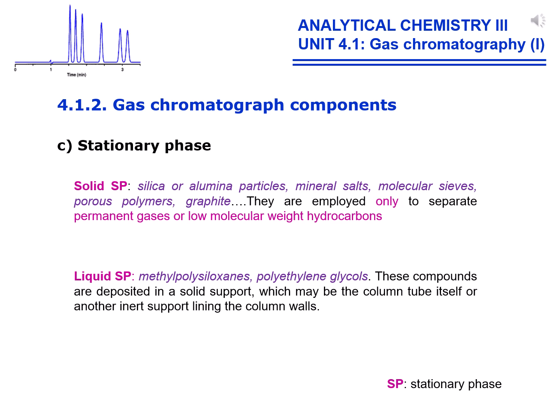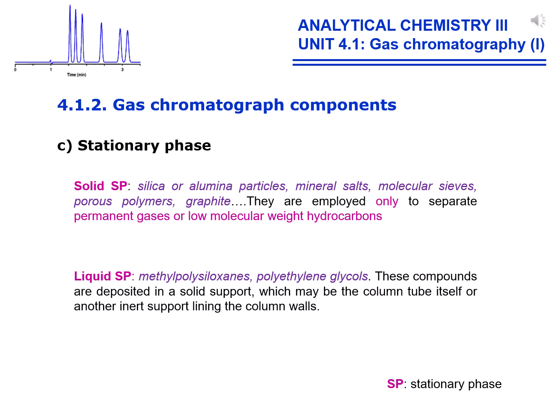In the introduction of this unit, it was said that solid stationary phases are made up of various adsorbent materials, such as deactivated silica or alumina, mineral salts, molecular sieves, glasses or porous polymers, etc. They are used only to separate permanent gases or low molecular weight hydrocarbons.